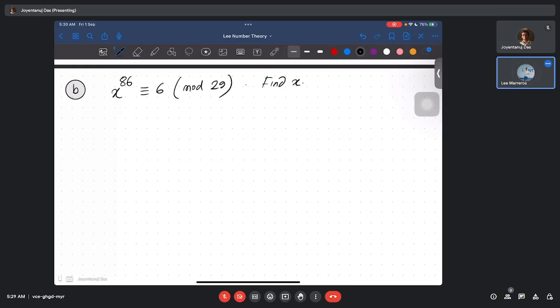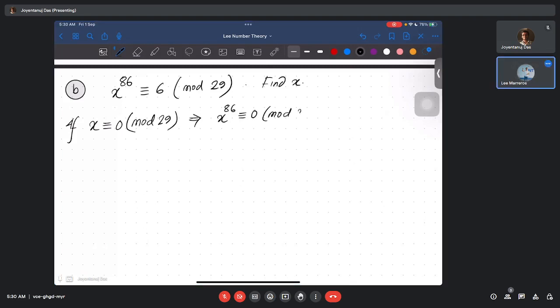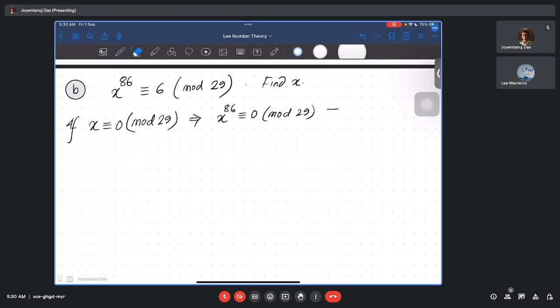So that is easy, because if x is congruent to 0 mod 29, that will imply that x power 86 is also congruent to 0 mod 29, right? But that is not true, because it is given that it is congruent to 6 mod 29.